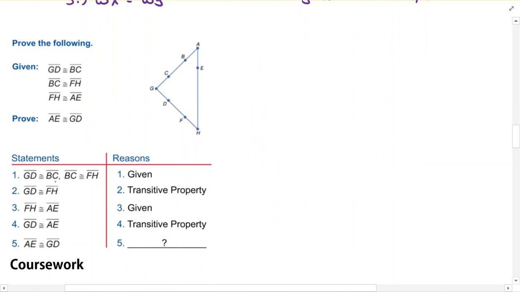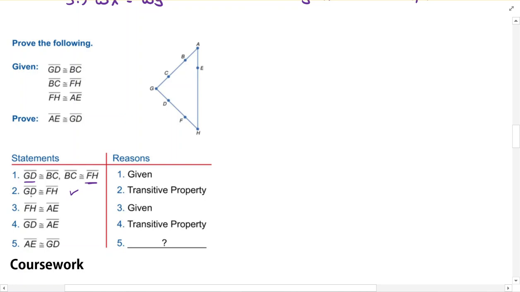Looking here at this proof, we wrote down from the given that GD was congruent to BC and BC was congruent to FH. So that makes sense that GD is congruent to FH by the transitive property. So that gave us step 2. We used the remaining given, which was that FH is congruent to AE.